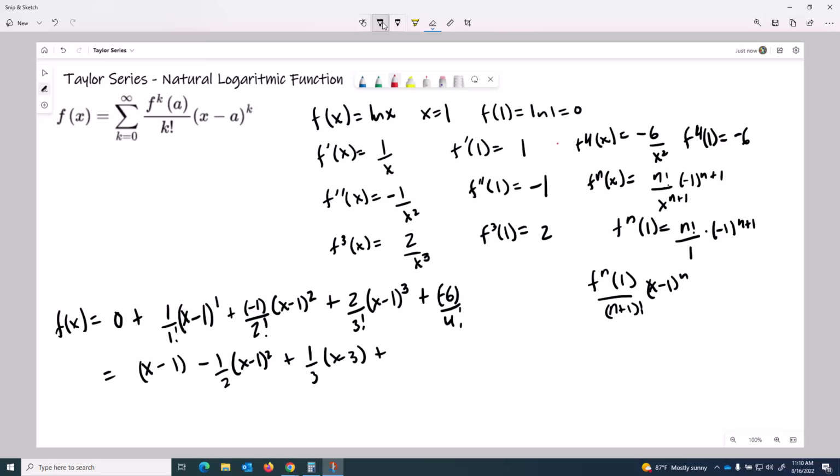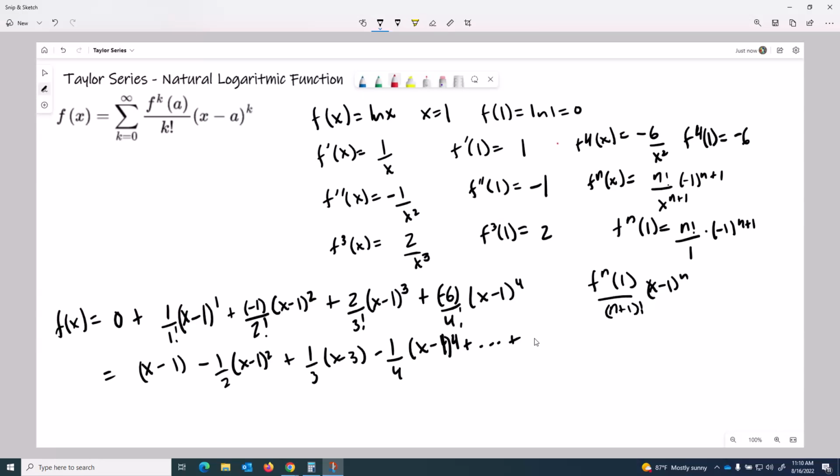This last one was supposed to be x minus 1 to the 4th power, and we need to make that a negative. So 6 into 24 is 4, and we have minus 1/4 times x minus 1 to the 4th power, plus.